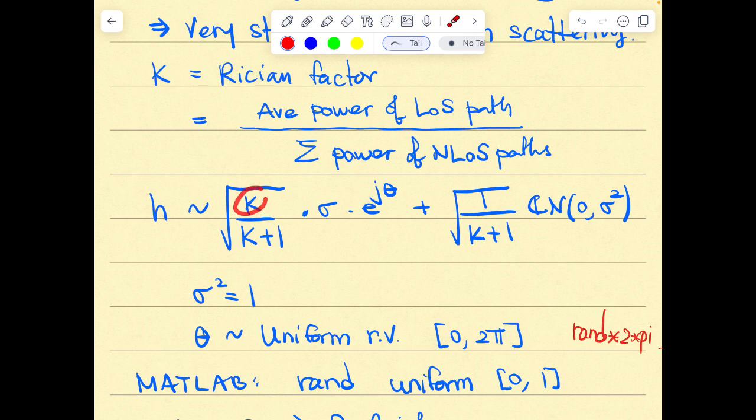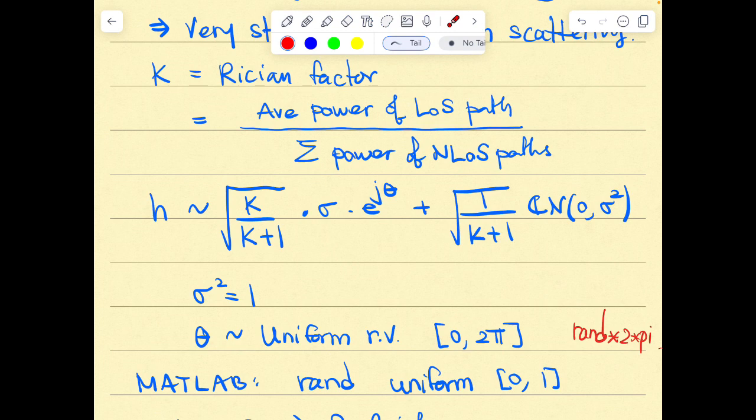This K is not random, so it's some number that fits the transmission surrounding. It could be 10, it could be 2, it could be 5, something fixed. Multiply with sigma, multiply with e to the j theta. So sigma is the strength of the channel. We can assume that sigma squared is equal to 1, just like in the Rayleigh fading case.